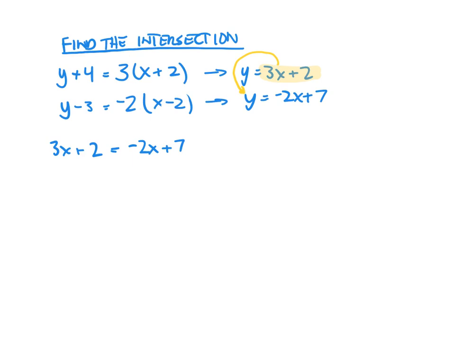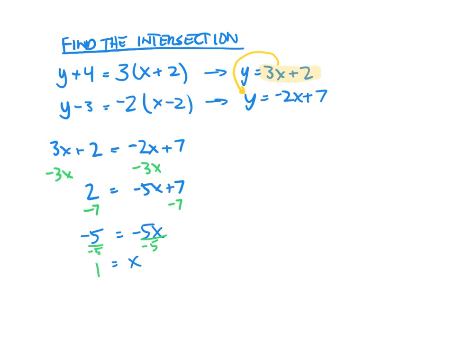Let's solve by subtracting 3x from both sides. And let's subtract 7 from both sides. And the last step, I should show it, is divide by negative 5.